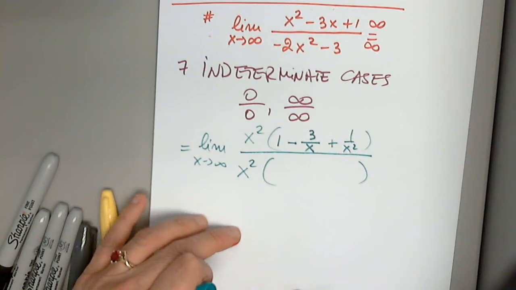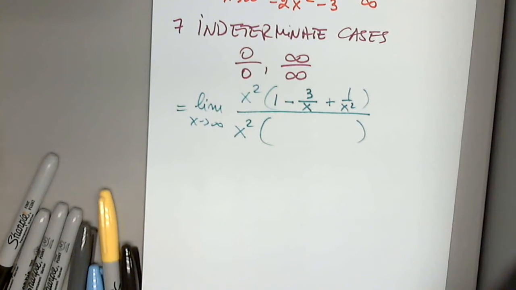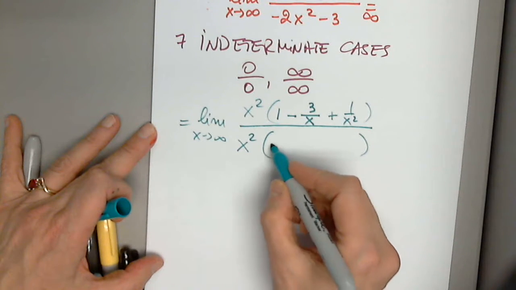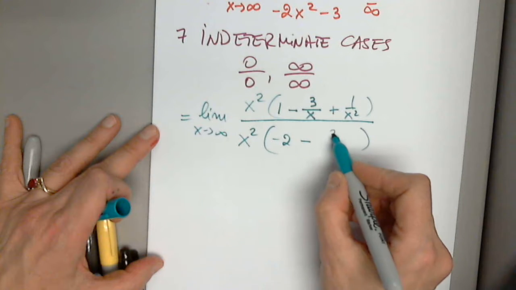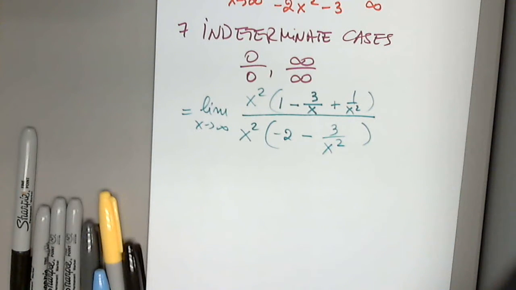Obviously. Excellent. Well done. Good job. Same thing for the denominator, please. Negative 2 minus? Very good.